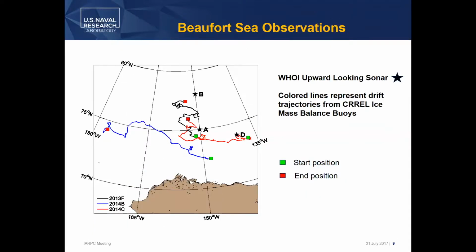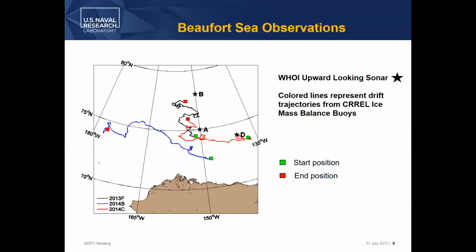Okay, slide 9. So I'm going to show you the data that we're going to be doing our model data comparisons. So the black stars show you the locations of the Woods Hole upward looking sonar, and those are fixed moorings, so they do not move with time. And then the colored lines, there's a black, a blue, and a red.